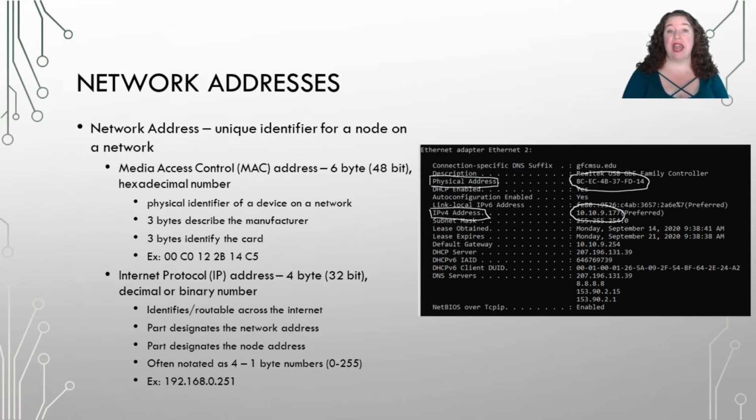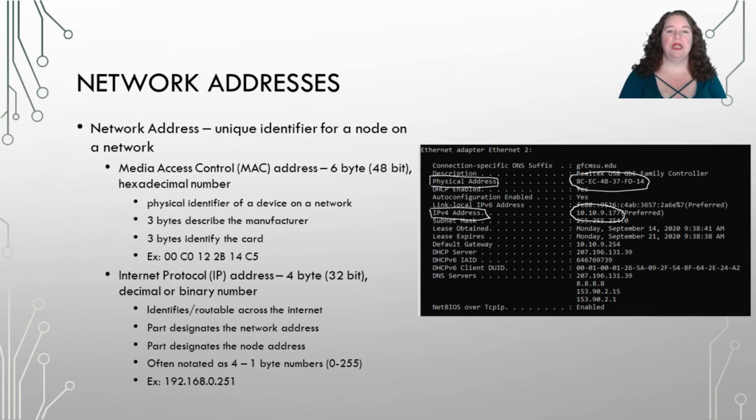The second is what we call an IP address, and this defines where it is across the internet, across all of the different devices in the world. There is an IP4 and an IP6. We'll talk about the difference later. For right now, we're just worrying about IP4, which is a 4-byte, 32-bit decimal or binary number.